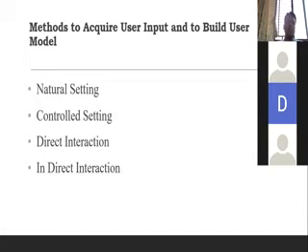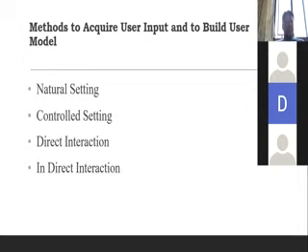So the system does not have any control over the user's input or the user's action. Now in control setting, often in a usability lab, the cameras and the input filters can observe what users do and what they input to a system.